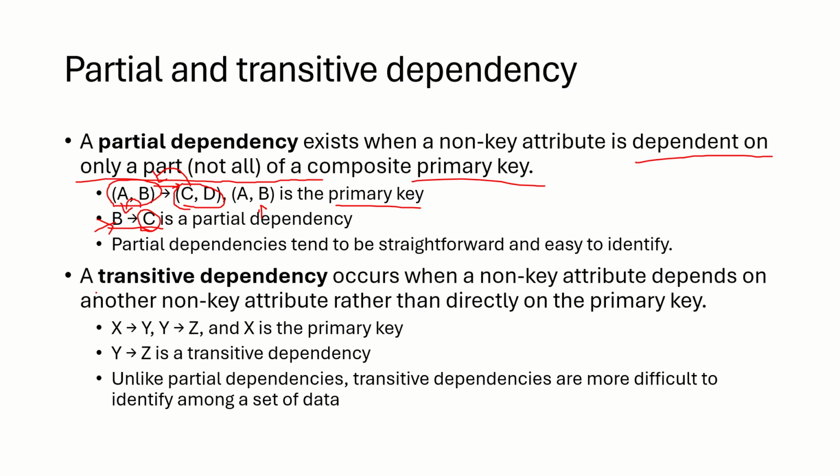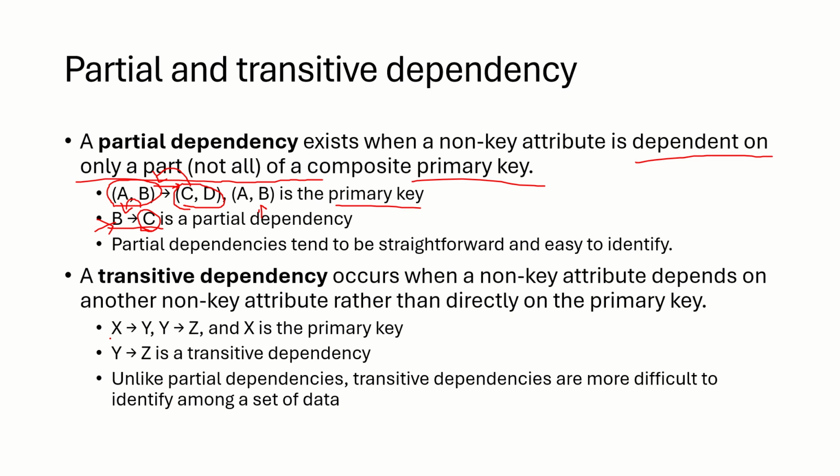However, there's another dependency we call transitive dependency. Transitive dependency occurs when a non-key attribute depends on another non-key attribute rather than directly on the primary key.